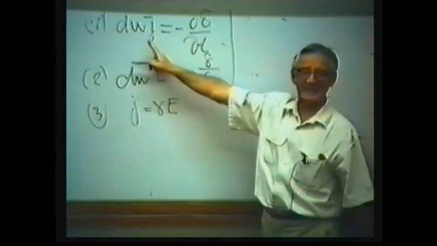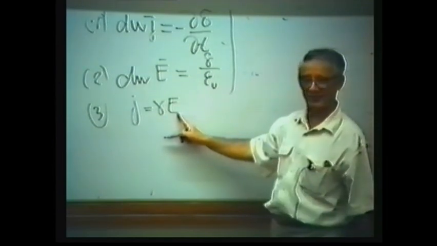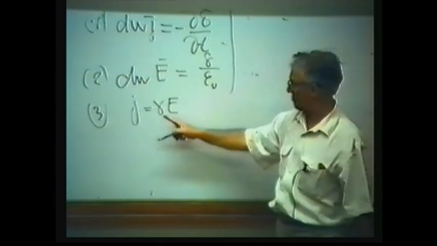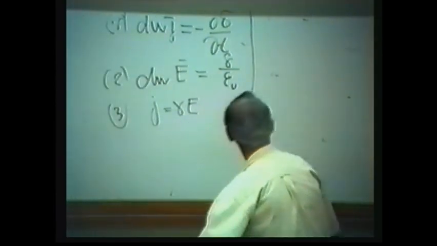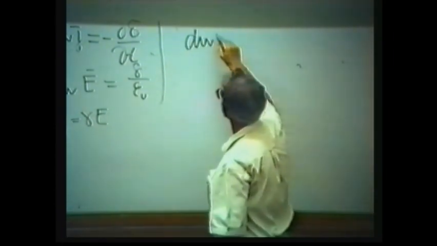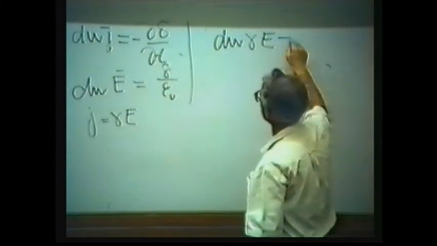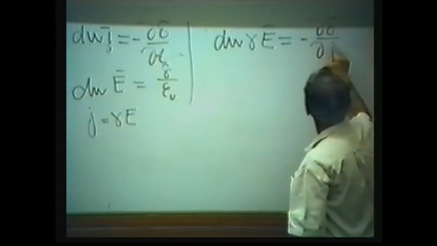Let us replace current density by conductivity times electrical field. Something will be proved today. Divergence of gamma E equals minus d delta over dt.